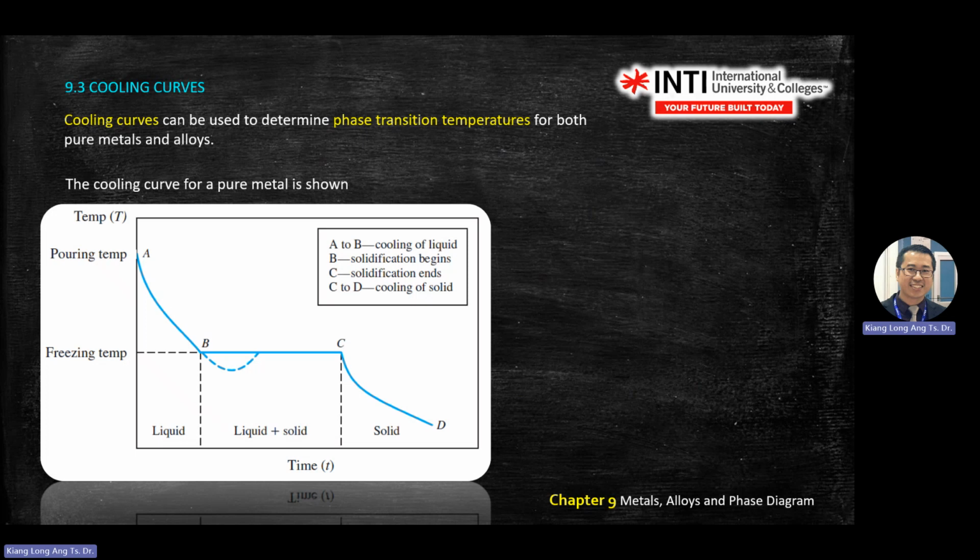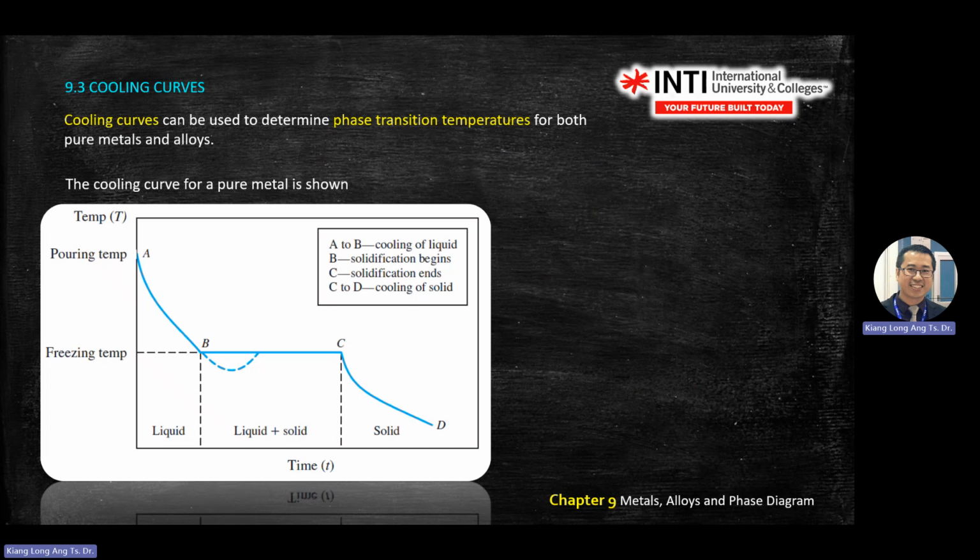If you follow the line along, the maximum temperature will be the pouring temperature. Then, because of condensation or radiation, it starts to release energy and the temperature drops, until at one point you see some metal particles start to appear. We call this the freezing temperature. This line is called the cooling line, cooling of the liquid.